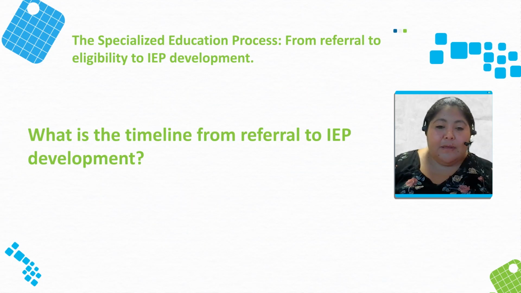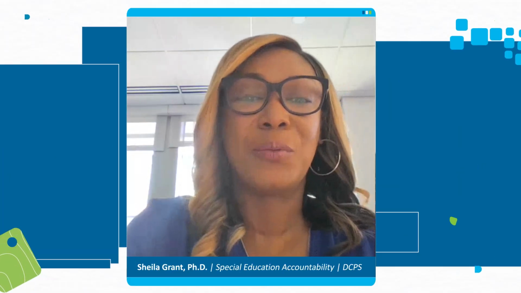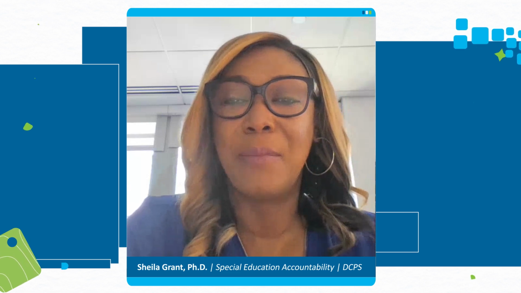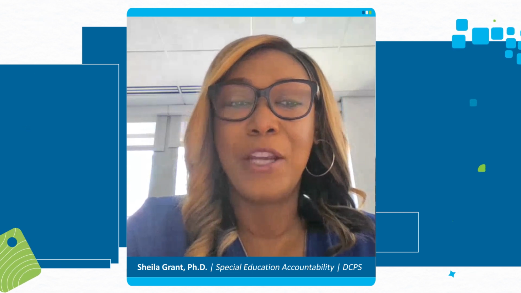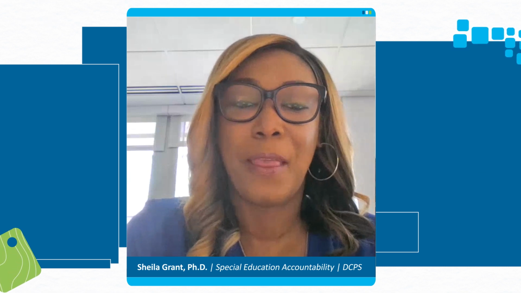Thank you. Can you tell us a little bit more about the timeline from referral to the IEP development? All students ages 3 to 22, DCPS must adhere to federal and state timelines for referral, evaluation, and identification when a disability is suspected.